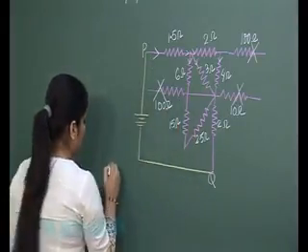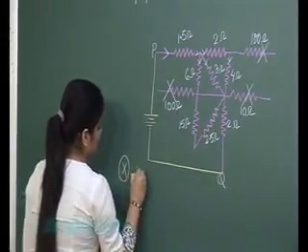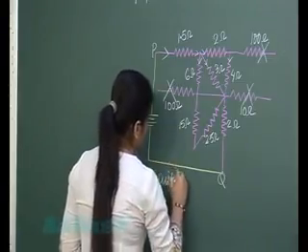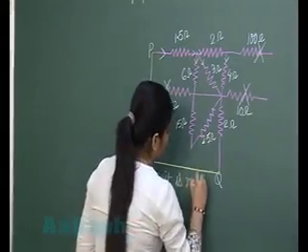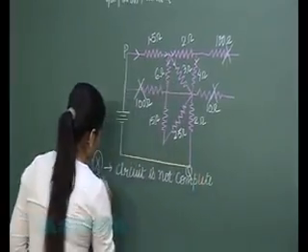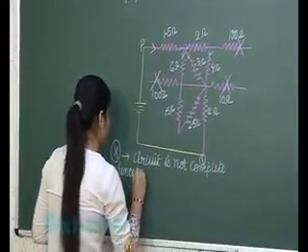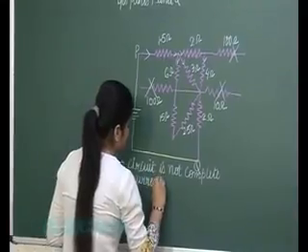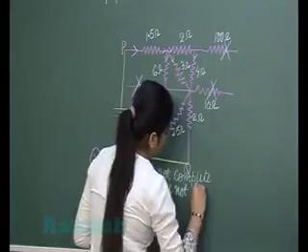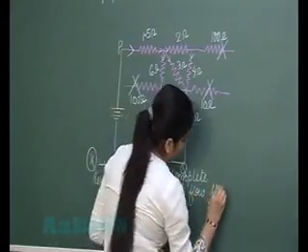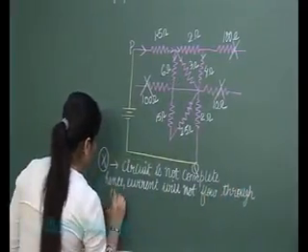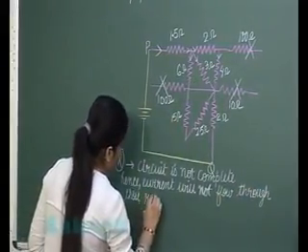Now student, here the cross sign indicates that the circuit is not complete, hence current will not flow through these resistances.